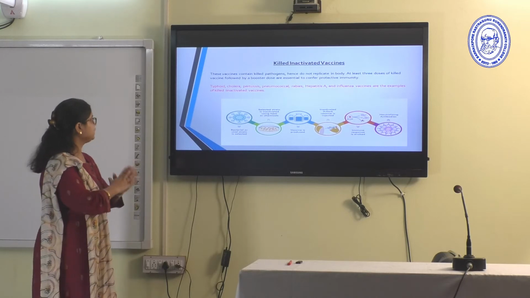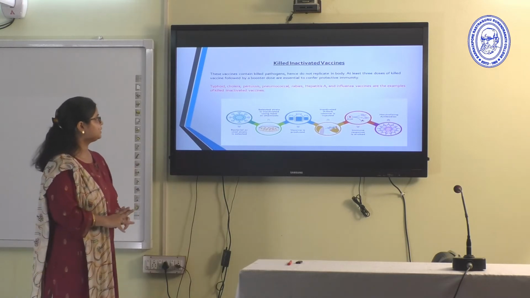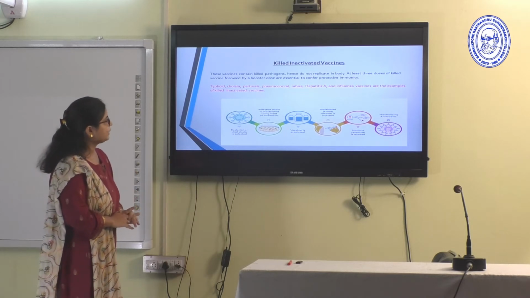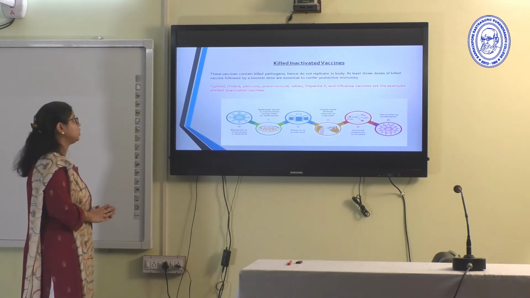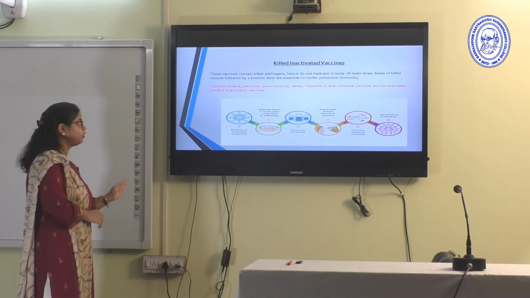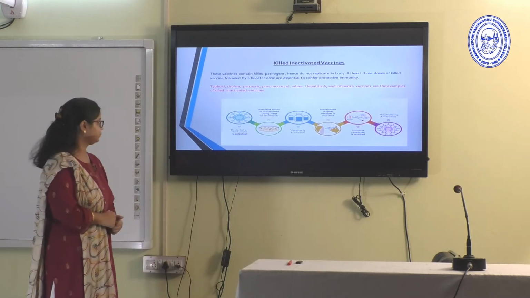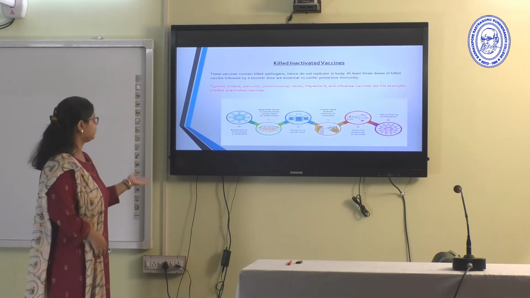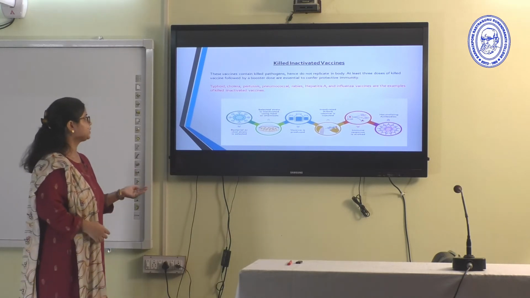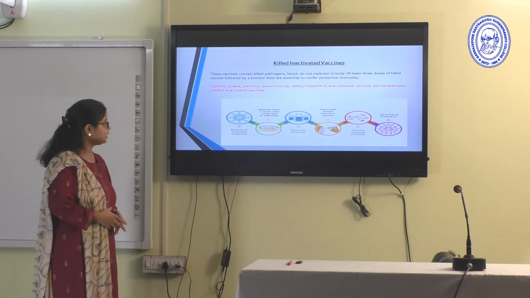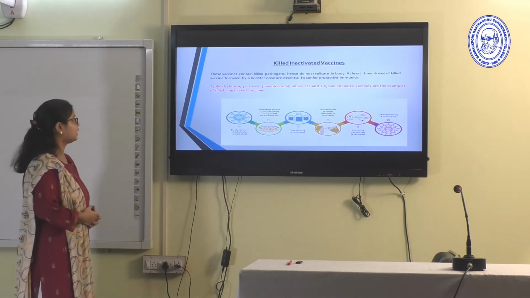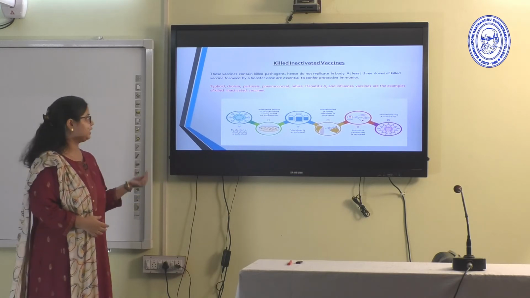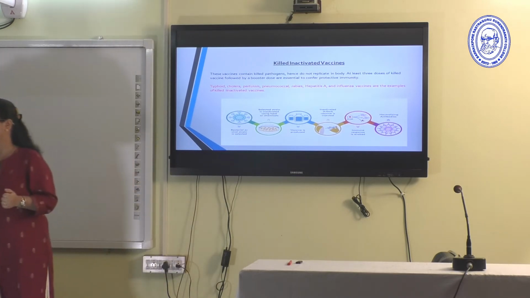These vaccines contain killed pathogens, hence they do not replicate in the body. At least 3 doses of killed vaccines should be followed by a booster dose. Some examples of killed inactivated vaccines are typhoid, cholera, pertussis, pneumonia, rabies, hepatitis A, influenza.